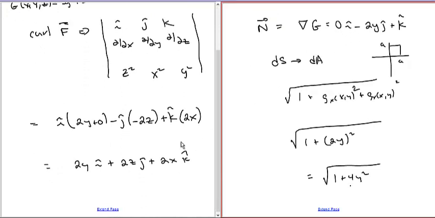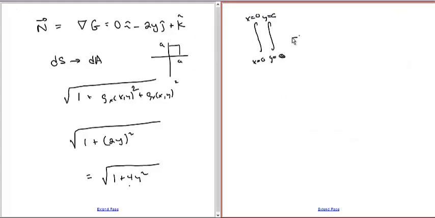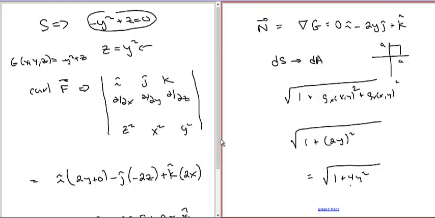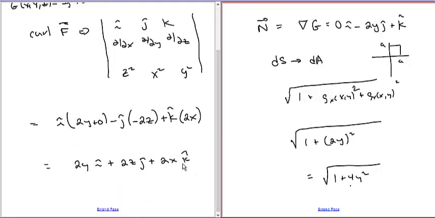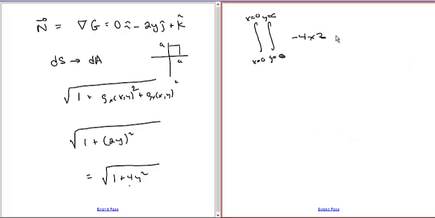If you do that, you'll get these j components together, so you get negative 4yz. And if you do the k components, you get 2x times 1, so that's just 2x, plus 2x times dy dx.